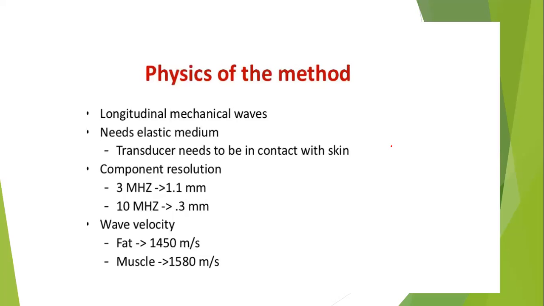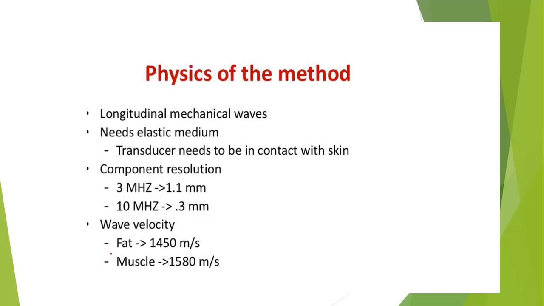So there are a lot of types of transducer related to one specific kind of tissue. Okay, and the resolution goes from 3 megahertz, which is related to 1.1 millimeters, to 10 megahertz, which is related to 0.3 millimeters, so much smaller structures.